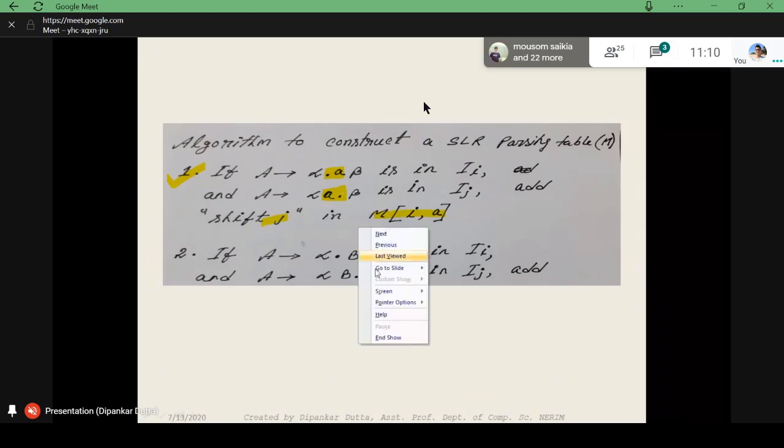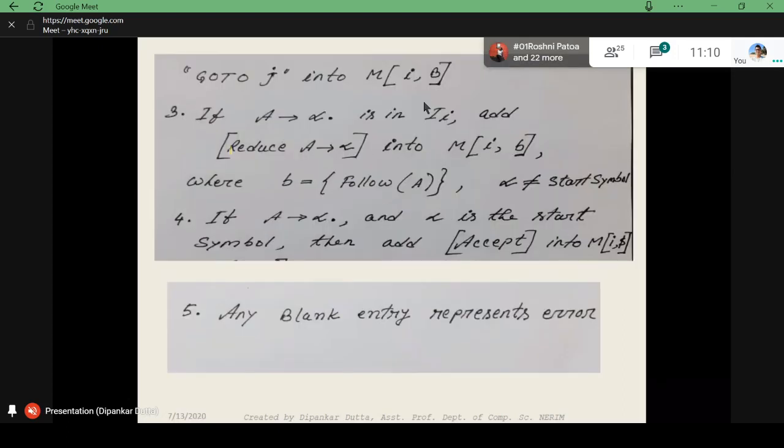Now come to the next one, point number 3, not 2. We'll discuss 2 also. In point number 3, if A implies alpha dot, here dot is in the last position, that means dot is followed by nothing, in Ii, then what to do?